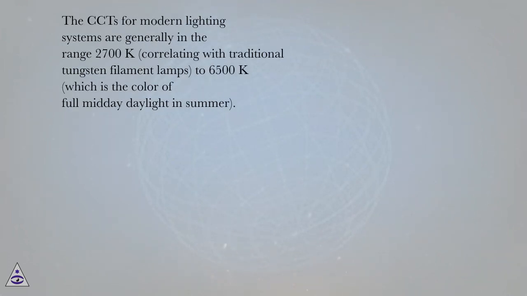The CCTs for modern lighting systems are generally in the range 2700 K, correlating with traditional tungsten filament lamps, to 6500 K, which is the color of full midday daylight in summer.